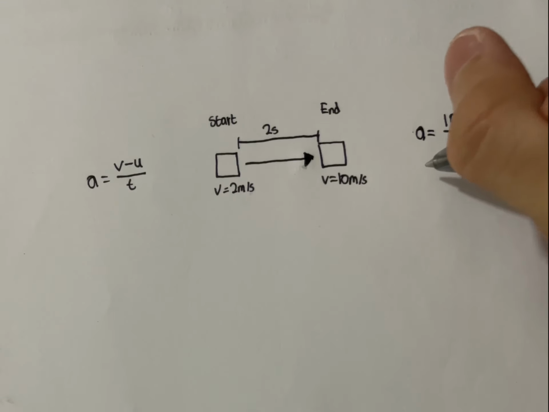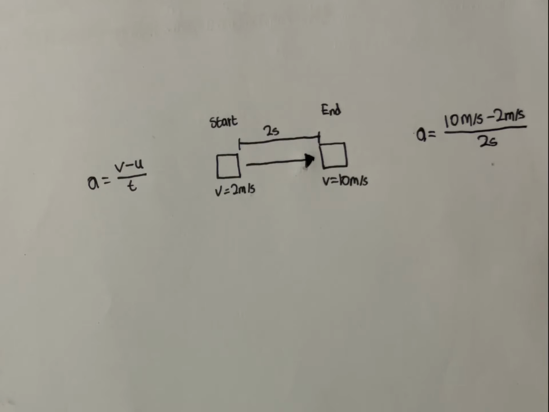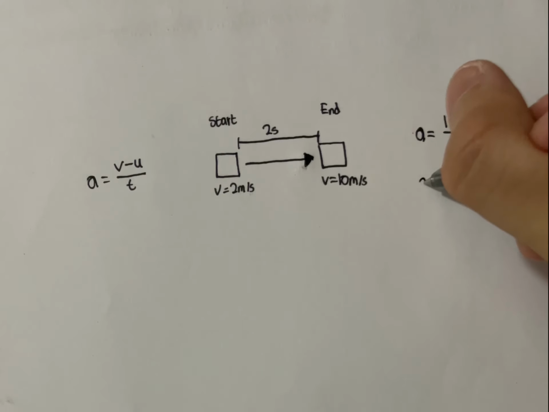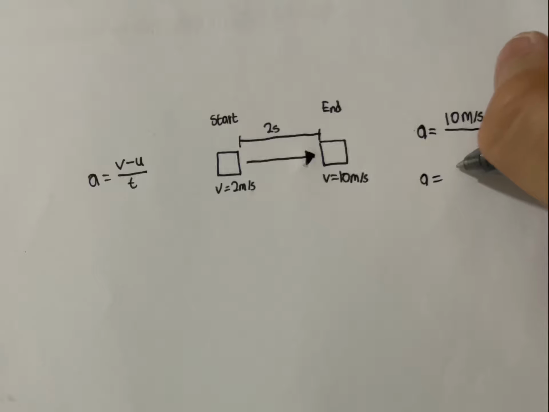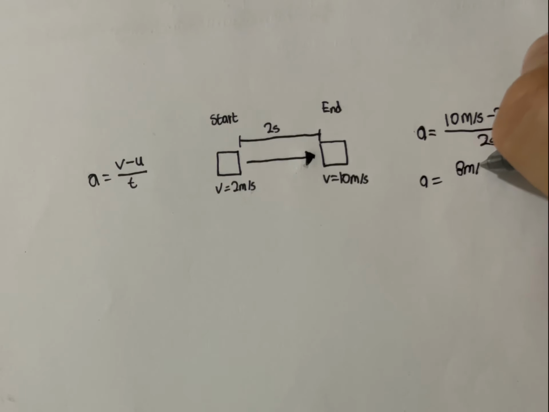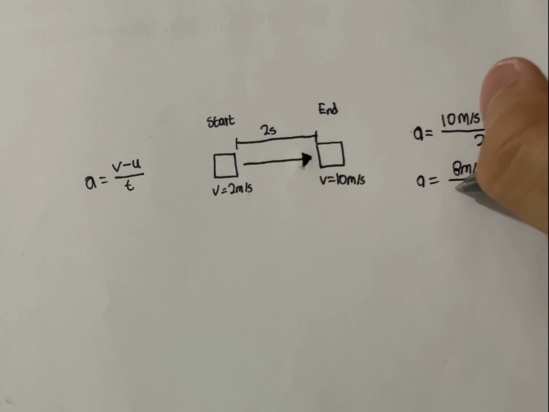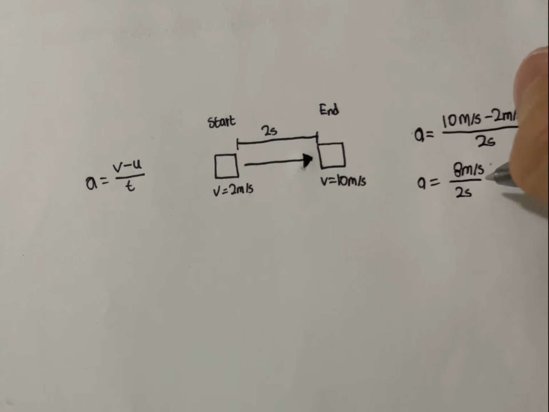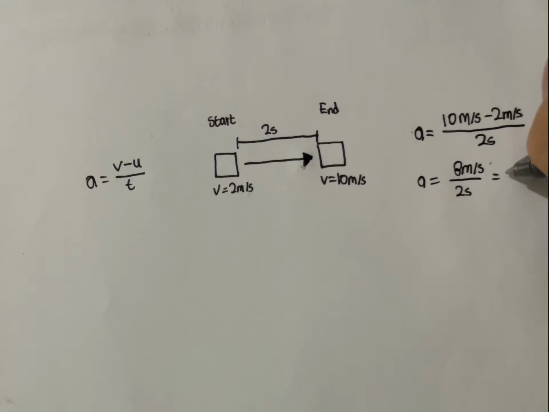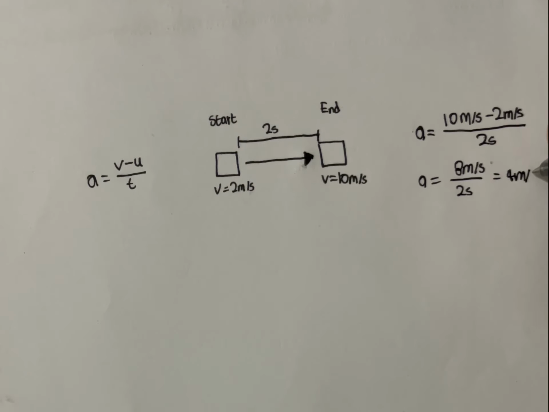Right? So then your acceleration is just going to be equivalent to 8 meters per second over 2 seconds. Alright? Which is also just going to be equal to 4 meters per second squared. Simple.